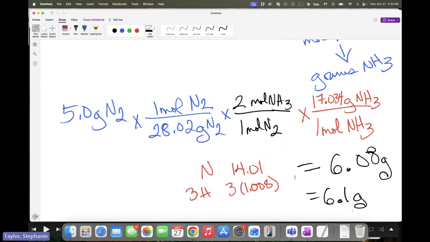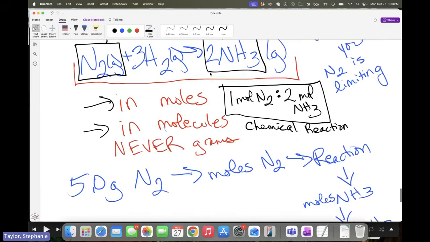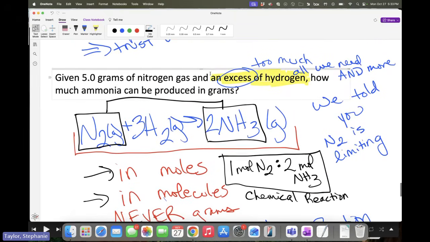So this is an example of one kind of calculation that we could potentially do for the exam. Now, one other thing to keep in mind. So this went grams to moles to moles to grams, has all the conversion pieces in it.